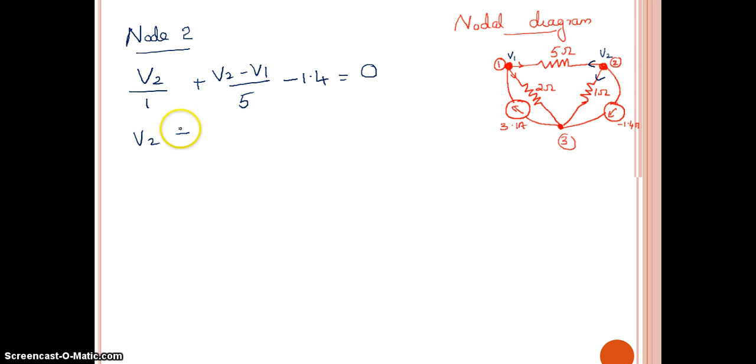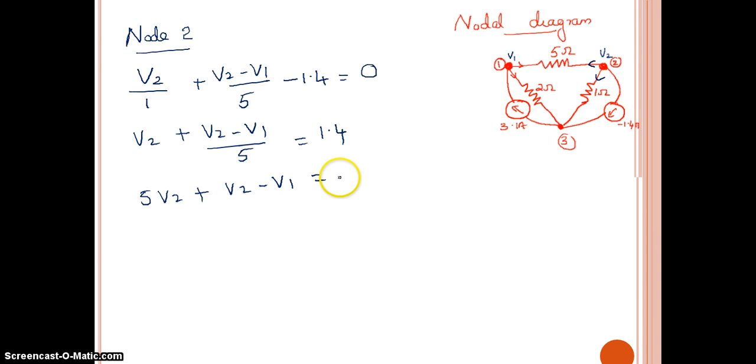Readjust the equation: V2 plus V2 minus V1 divided by 5 is equal to 1.4. So it is 5V2 plus V2 minus V1 equal to 5 into 1.4, which is 7. So it is minus V1 plus 6V2 is equal to 7. This is equation number 2.